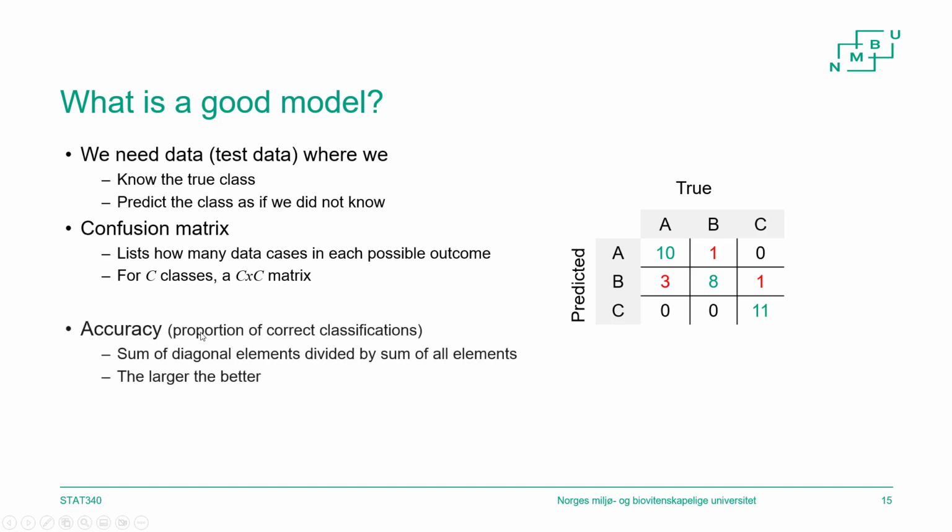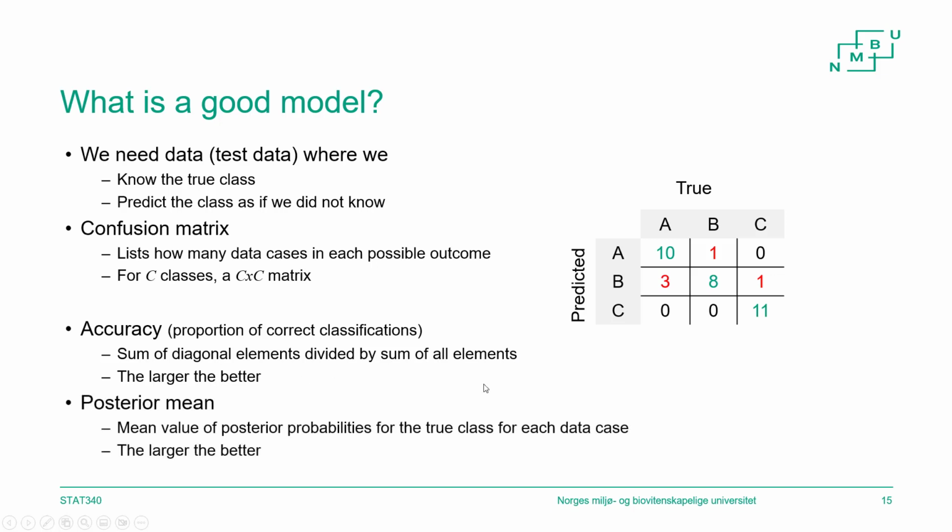So the accuracy is simply the proportion correct. The sum of the greens divided by the sum of all, or the sum of the diagonal elements divided by the sum of all elements, right? The larger the better, of course. The posterior mean is almost the same thing as the accuracy.